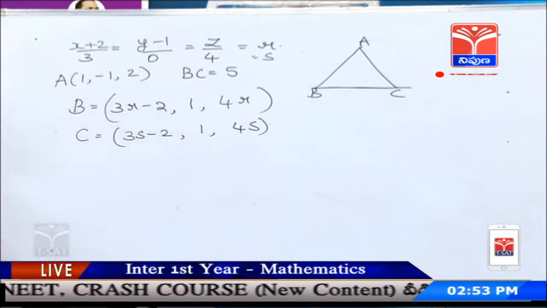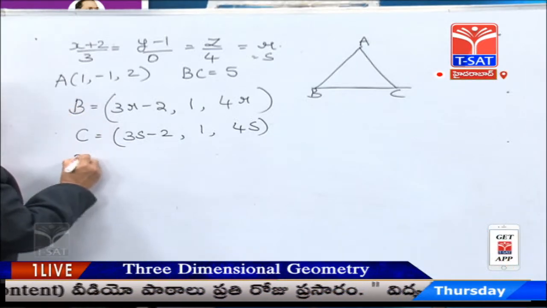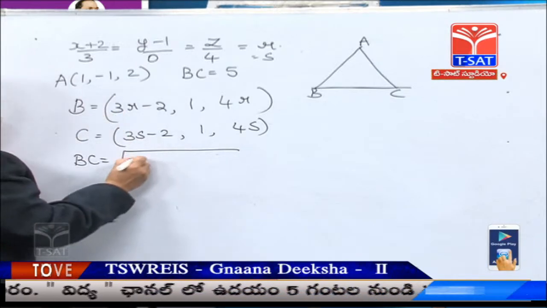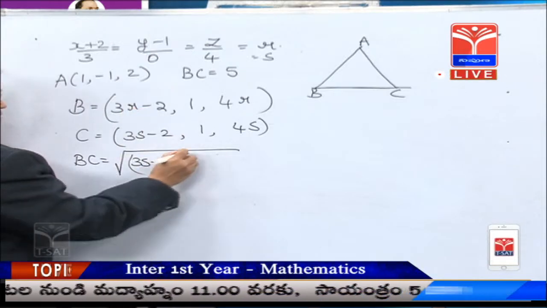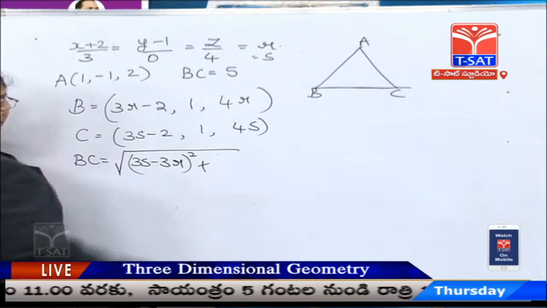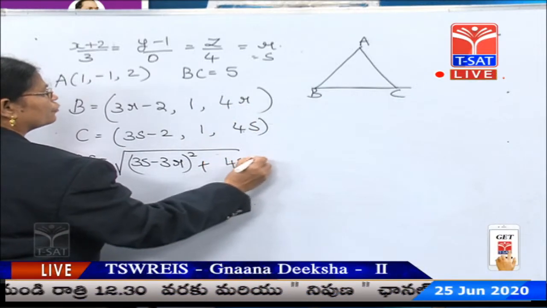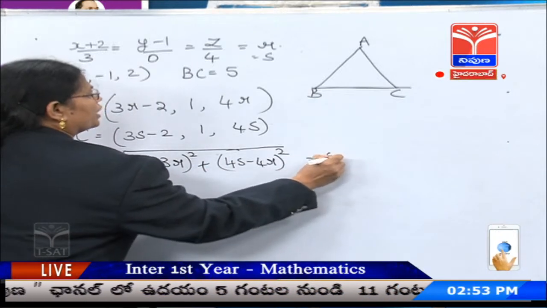You are given that the distance BC is 5 units. So, when we find the distance using the distance formula, 3s minus 3r, the minus 2 plus 2 gets cancelled, whole square, 1 minus 1 is 0, plus again 4s minus 4r whole square. This is given to be 5.